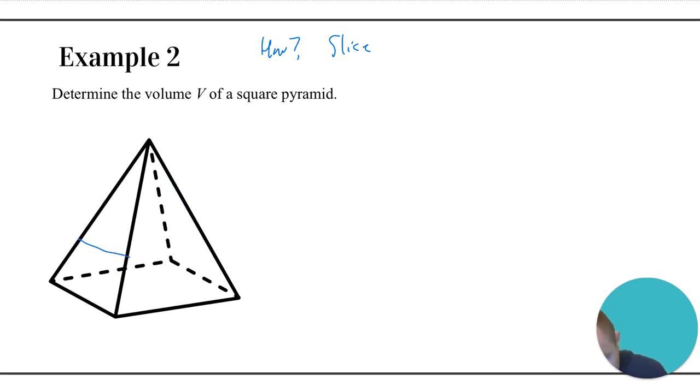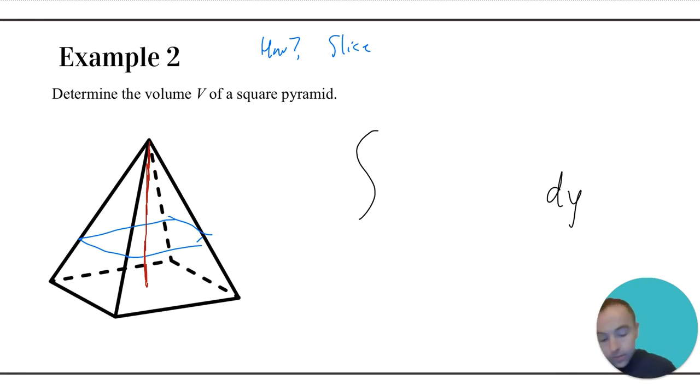So with that in mind then, because we're going to basically take a bunch of slices that will look like this, we're going to run them this direction, so through the height of our pyramid. What we're going to want to do then is maybe express our integral in terms of y. If we think about this axis right here as kind of being like a y-axis, sort of like a height.